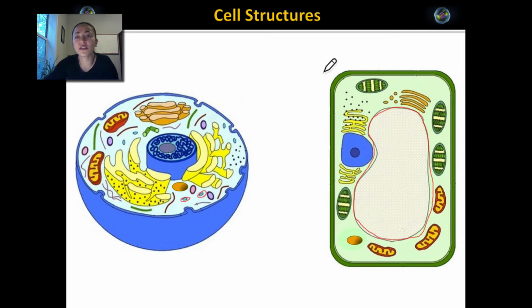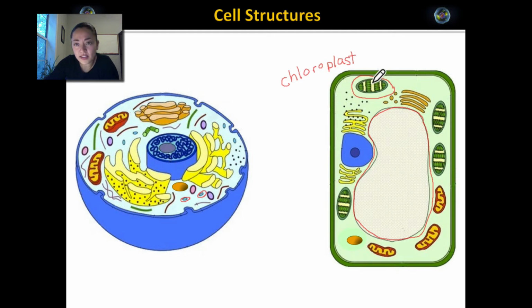Another structure you can see in plant cells that is not found in the animal cells are these right here. These are called the chloroplasts. Chloroplasts are extremely important to plants because this is where photosynthesis occurs.